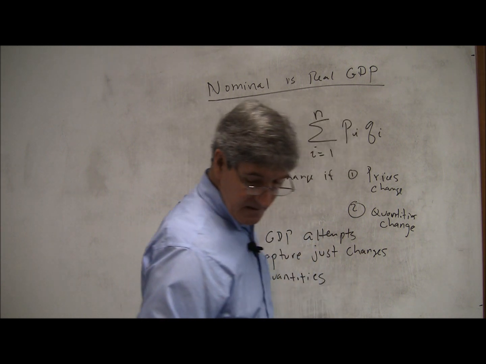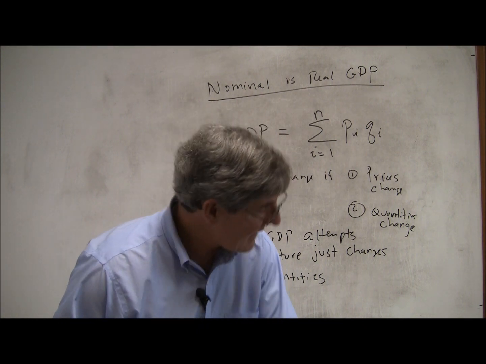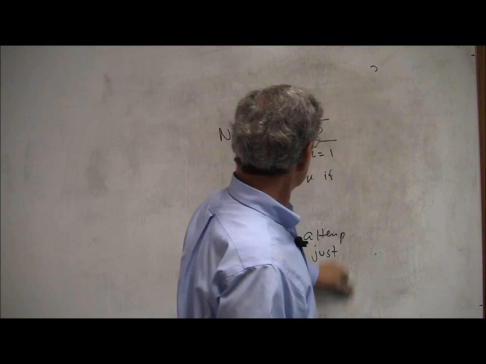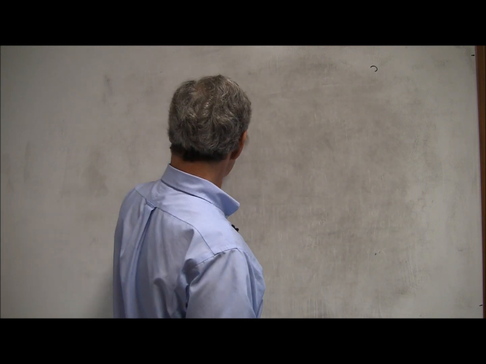Let's look at this with an example. Again, this is an example from the book. We'll look at the difference between nominal and real GDP and how they're calculated.